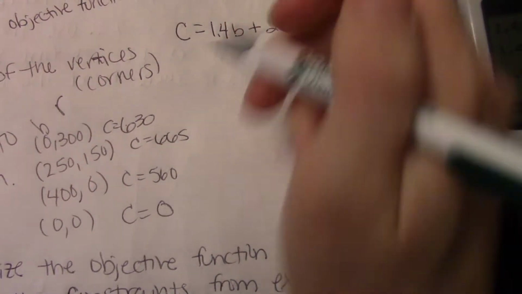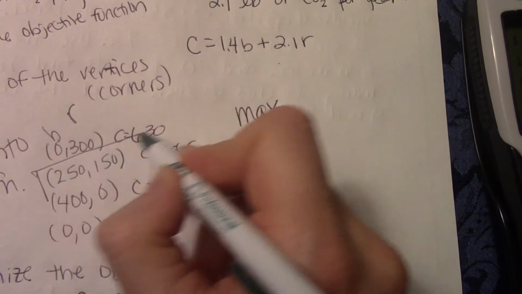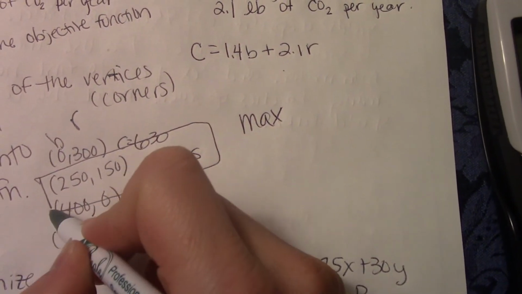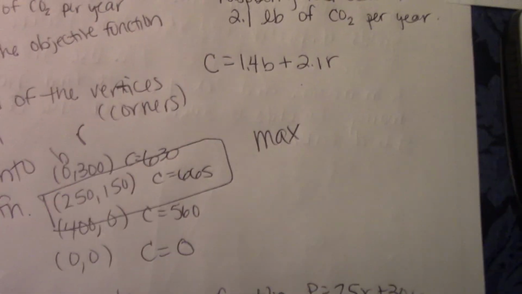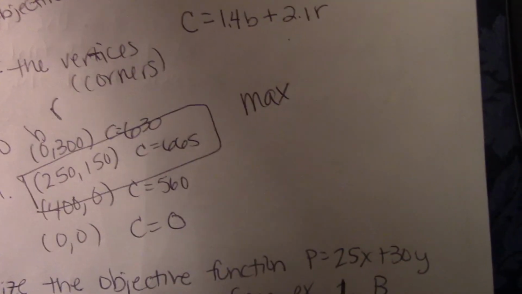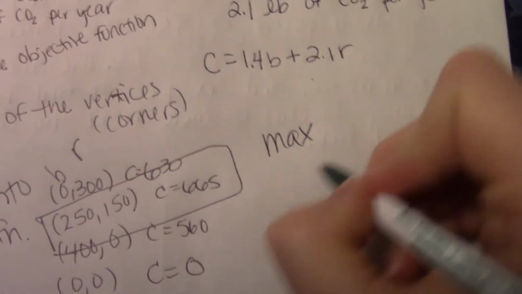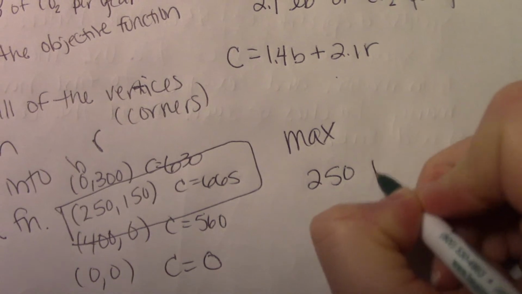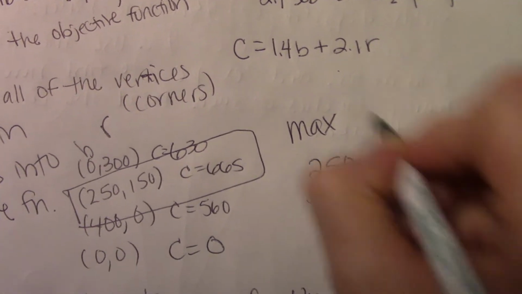If we want to maximize, we want to find which one is the biggest. Well, this one's the biggest here. So our maximum answer is that we are going to have 250 of the blue and 150 of the red. This is our maximum answer.